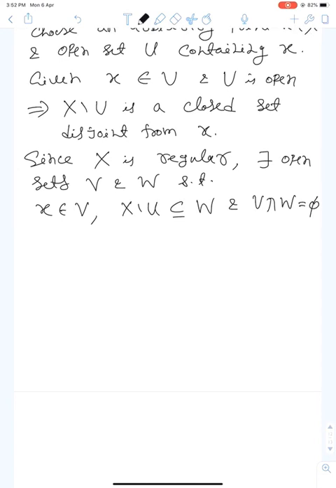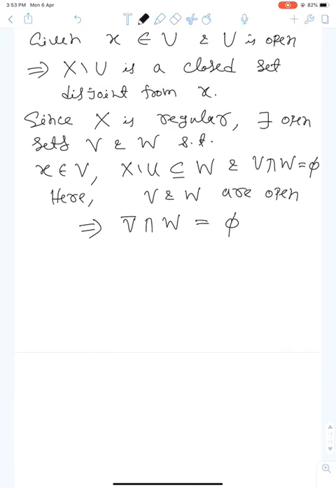Now V and W are open, right? Now by the set property, that implies V closure intersection W is empty. Now since X minus U is a subset of W, that implies V closure intersection X minus U is also empty.